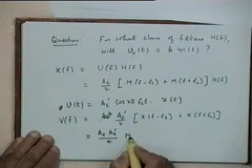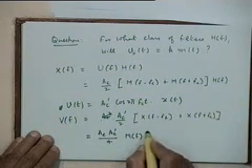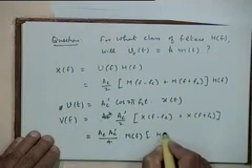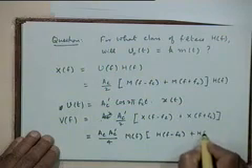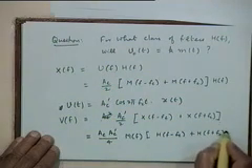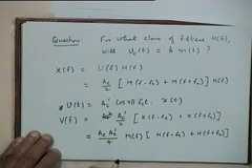So M of F will be common in these 2 terms, and this will be H of F minus FC plus H of F plus FC. Is that clear? These 2 terms?